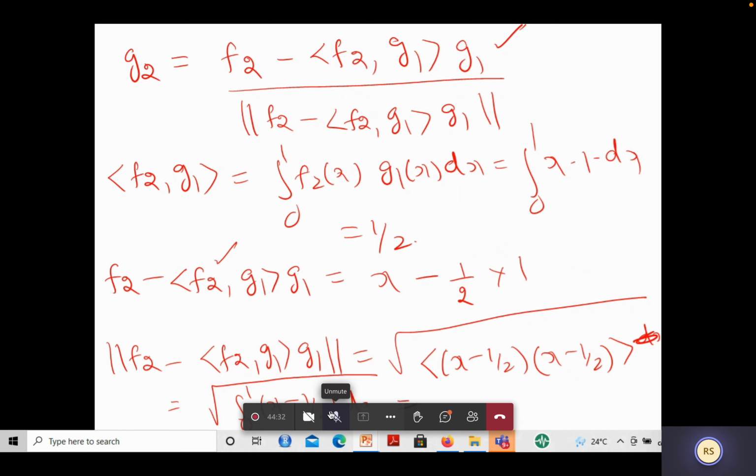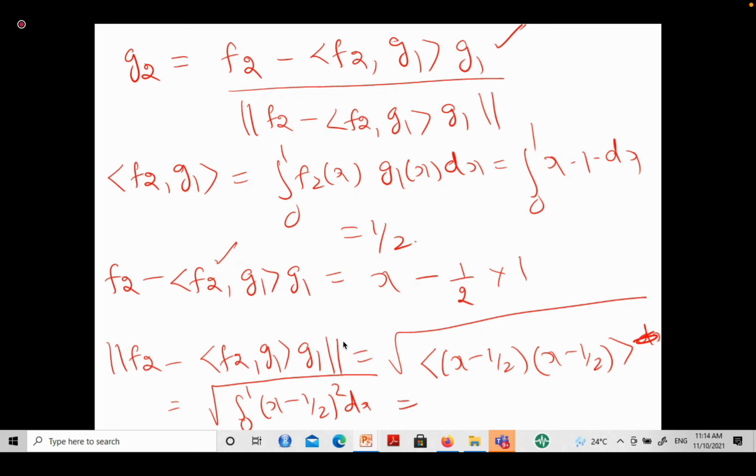Can you find this? The integration of x minus half the whole square is x minus half the whole cube by 3. Substituting the upper limit 1, we get half cube, that is 1 by 8 by 3.